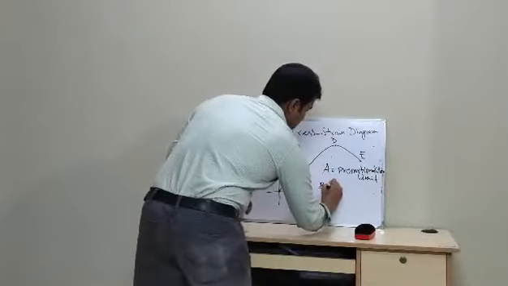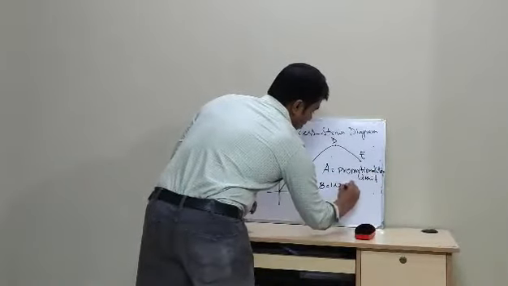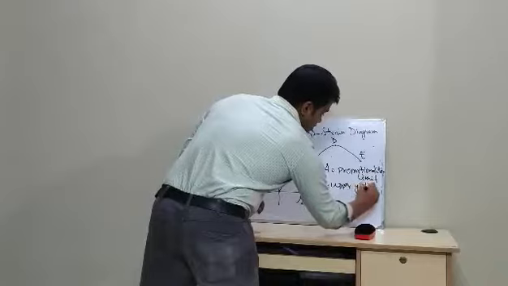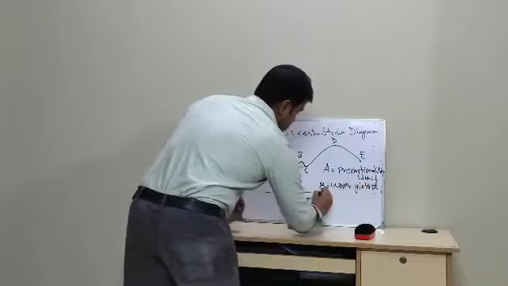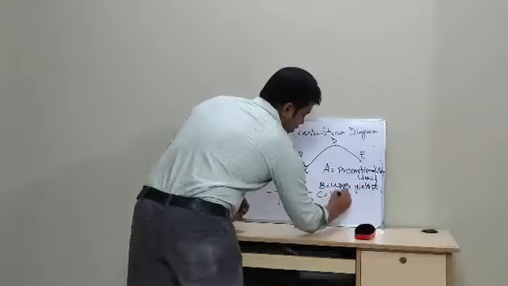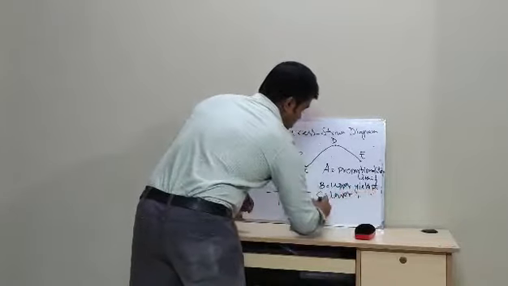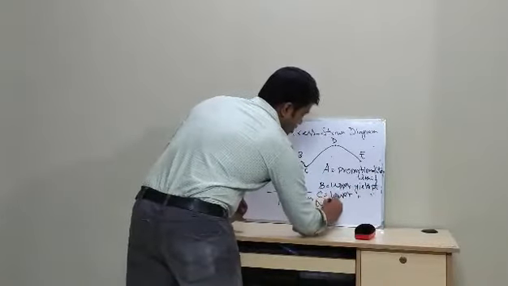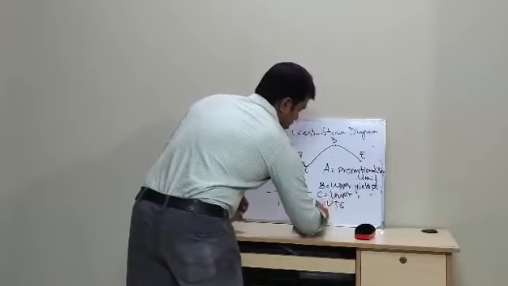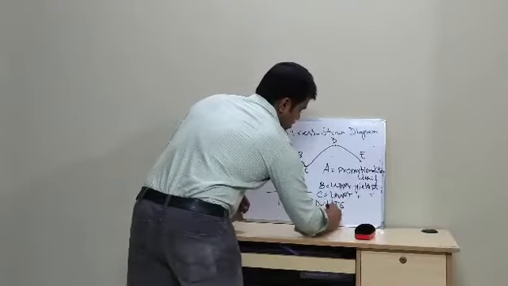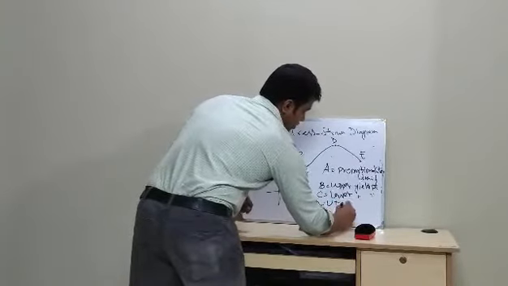B is the upper yield point. C is the lower yield point. D is the UTS. E is the breaking point. Okay.